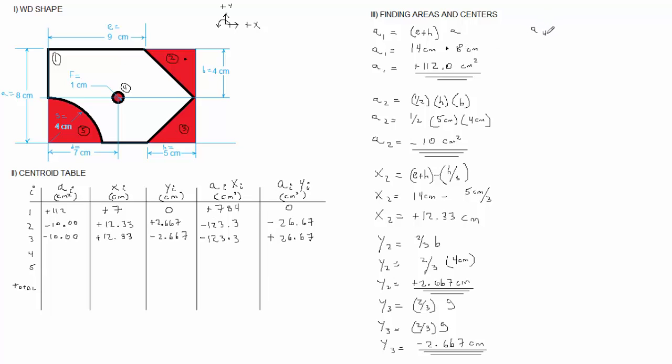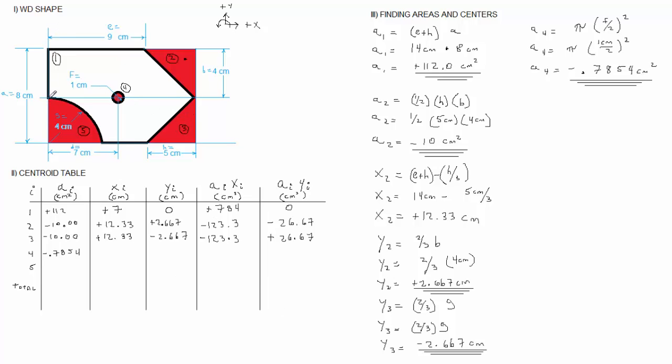now shape 4 here is a circle, and the area for a circle is pi r squared. So that's pi. The diameter is f, so we've got to divide it by 2. And the area of shape 4 is negative because we cut it out. Now for x bar and y bar for shape 4, they're very easy.